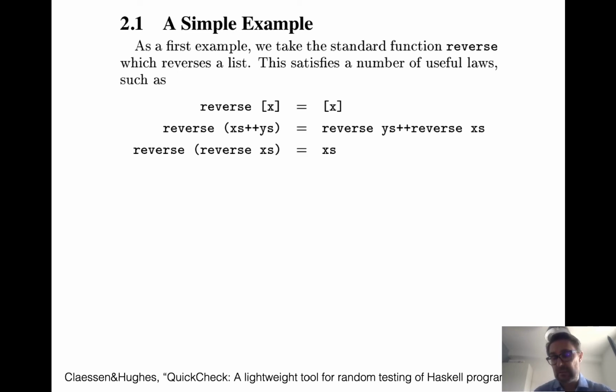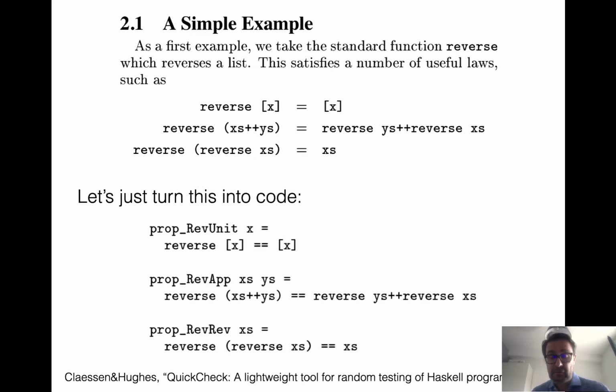And in QuickCheck, what you do is turn these laws into code. The convention, in many of these tools, is to add the name prop at the start, for property. So we call the first law from above the property reverse unit. Unit means something of multiplicity 1, since it's basic.